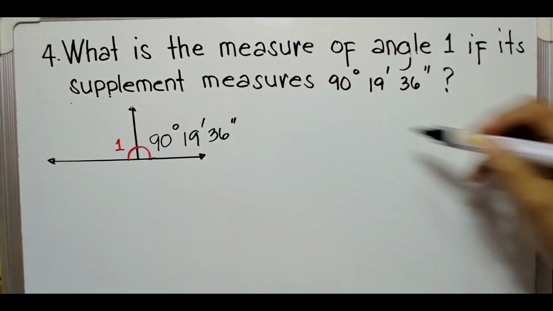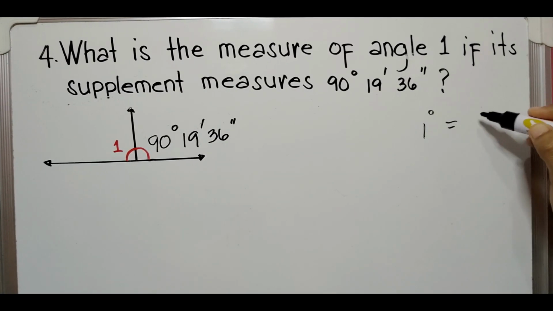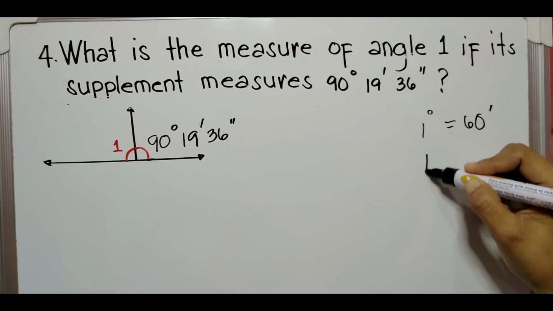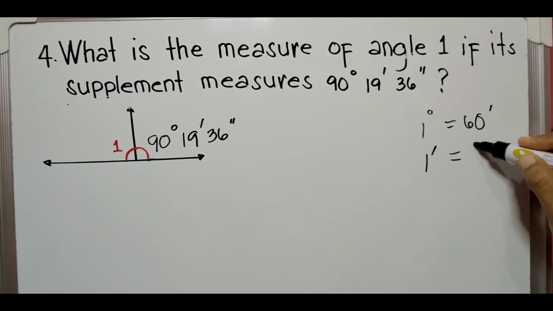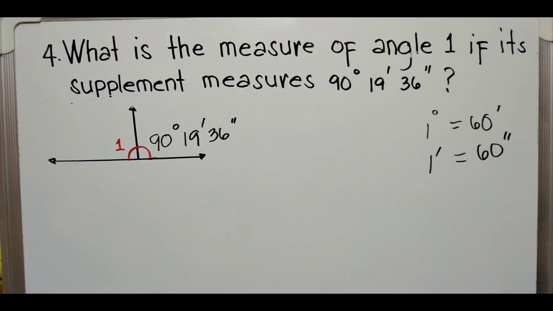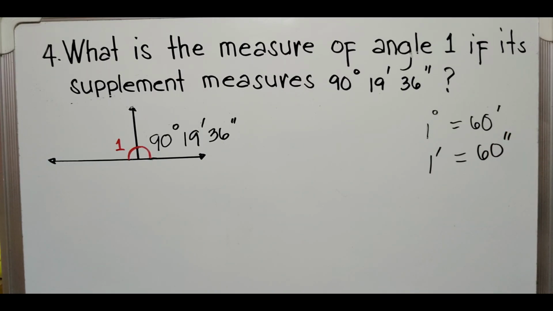Well, we can write it this way. 1 degree is equal to 60 minutes, and 1 minute is equal to 60 seconds. See, it's just similar to time. 1 hour is 60 minutes, 1 minute is 60 seconds.